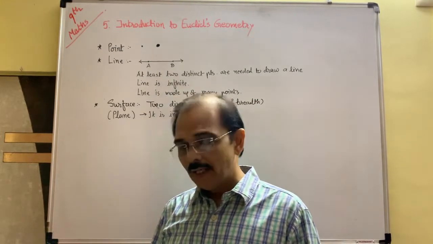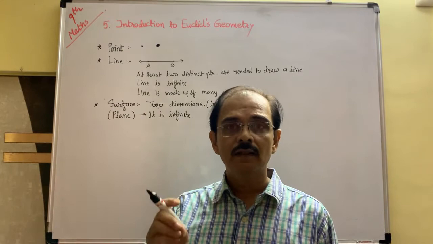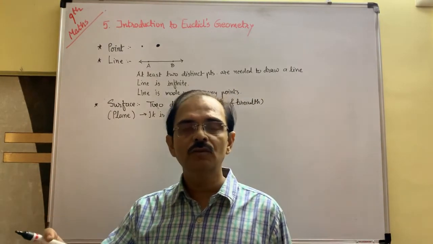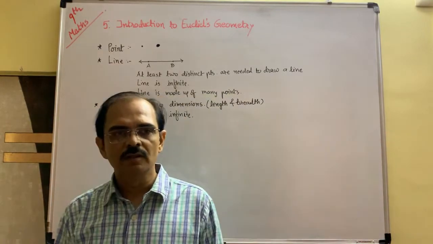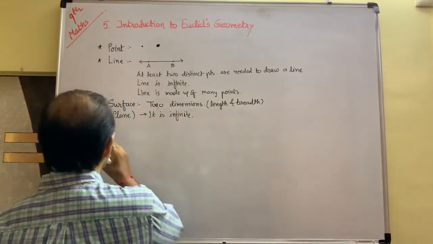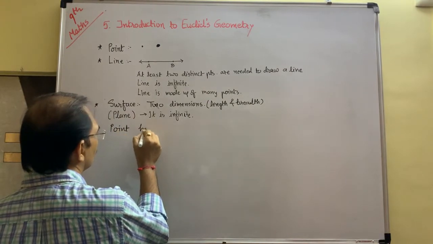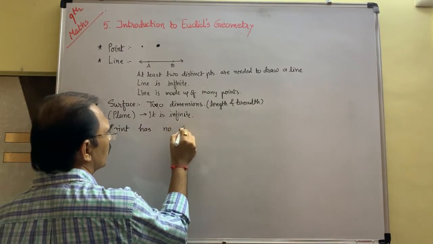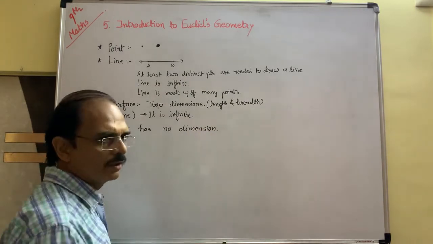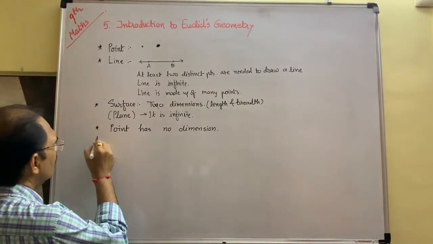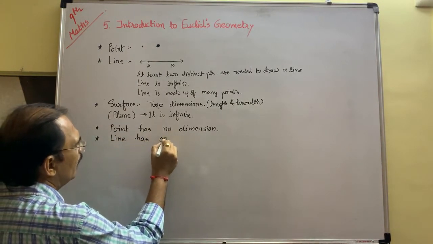Now, length, breadth and height. They are known as what? Dimensions. It is called dimension. You can say that point has no dimension, means 0 dimension. Line has 1 dimension.